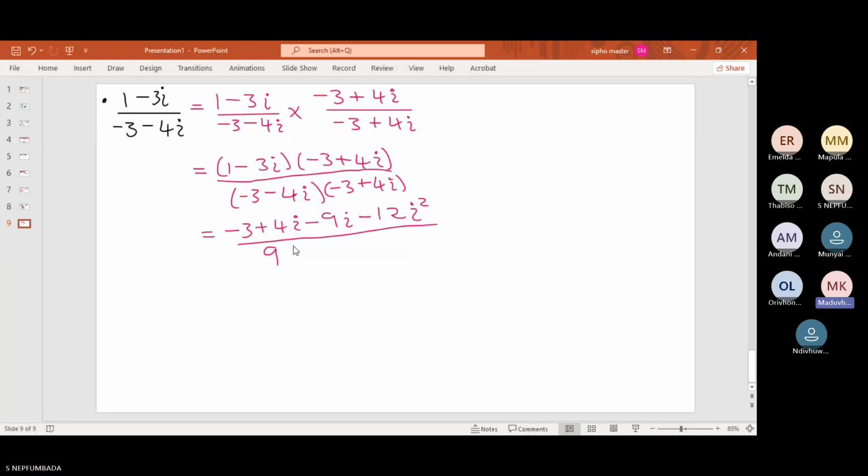Negative multiplied by negative is positive. Negative 9? I think it's positive. Oh, this one is positive 9, right? Yes. Thank you. So guys, do you understand the one for difference between two squares?